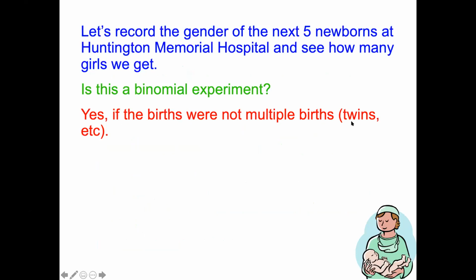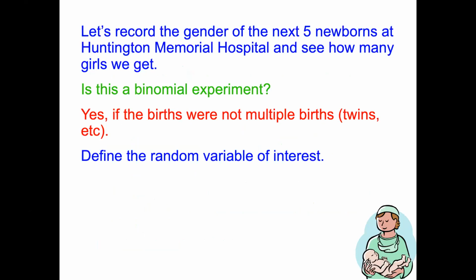Each trial is 1 baby, and we want to see if it's a boy or girl. So binary outcomes, independent trials, right? 1 baby's gender doesn't affect the next baby's. The number of trials is fixed at 5. And the probability of success is a 50% chance of a girl.